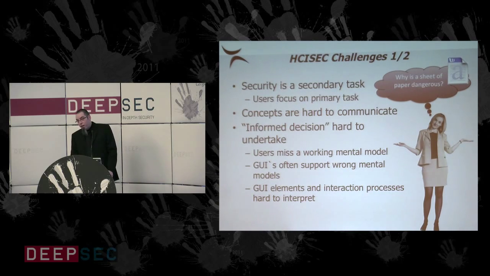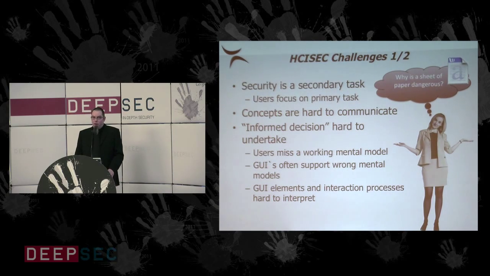Another point is, and especially when we look at Web 2.0, that the security concepts and the general concepts get much, much more complex. As I already said, we only have the graphical user interface primarily to communicate with the end user. This is really a big challenge.